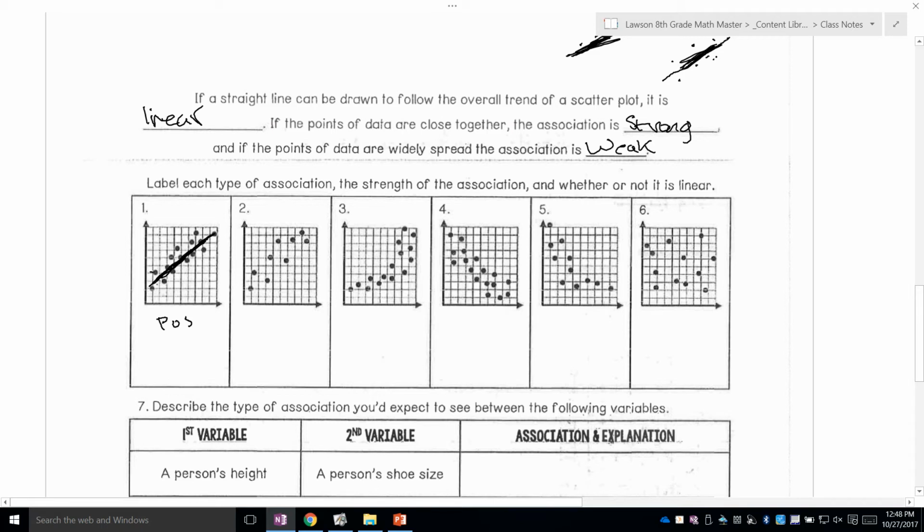All of these points are really, really close together, and there's a lot of them, so we're going to say that it is strong. And since it seems to be moving in a virtually straight line, obviously all these points don't fall on a line, but it is moving in a straight, consistent form up this graph, we're going to say that it is linear.